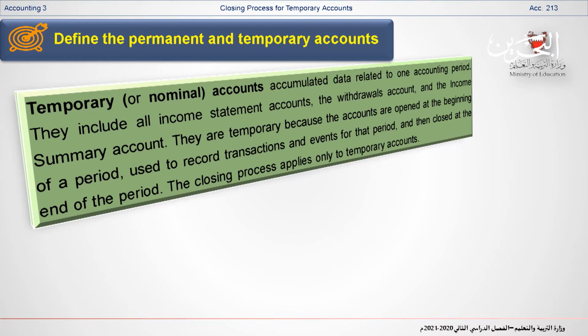So they have to be closed at the end of every accounting period. That is why they are temporary, because those accounts are opened at the beginning of a period to record transactions, and then we have to close them at the end of that period. Examples of temporary accounts: income statement accounts, withdrawal accounts, and income summary account.